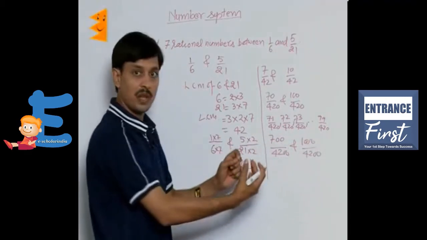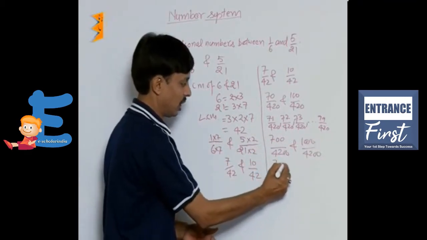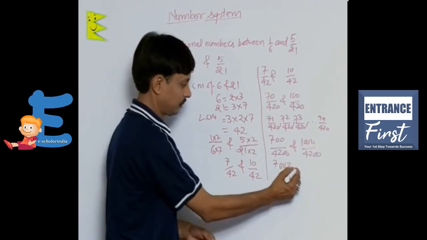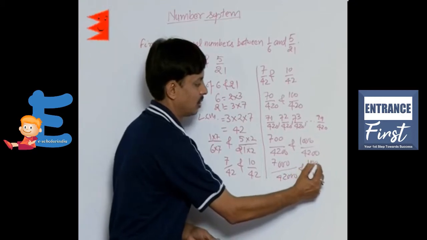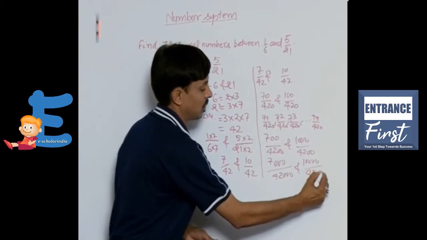If you want to insert a few more, you can say it is 7000 upon 42,000 and 10,000 upon 42,000.